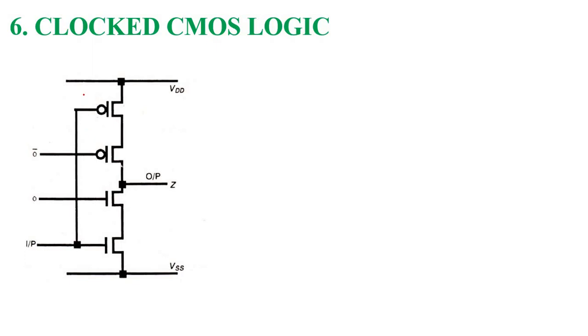These two are connected to the input, and one is clocked in phase and the other is the complemented one. So here two clocks are needed. Those two clocks are complementary, so therefore it is called C-square logic.